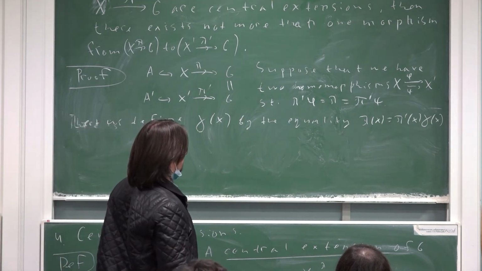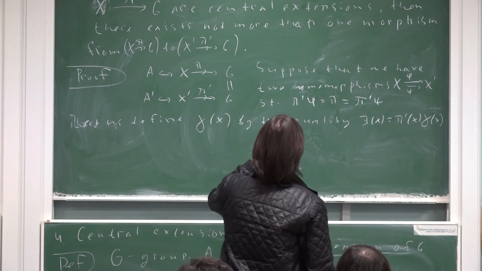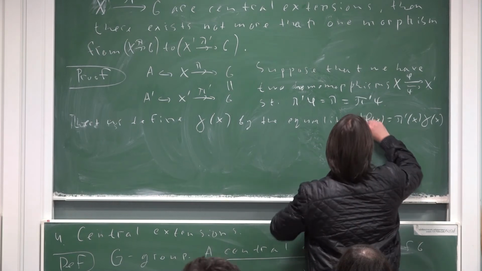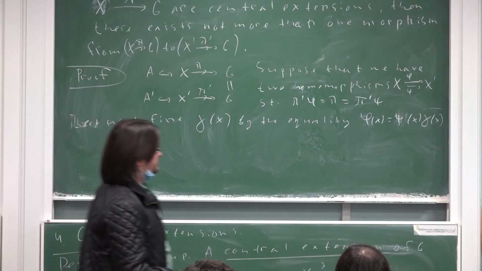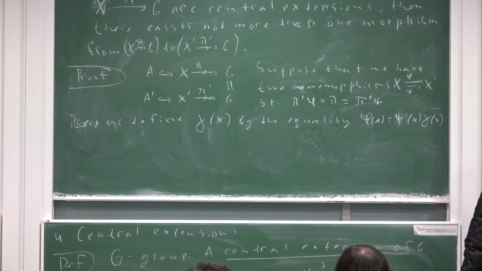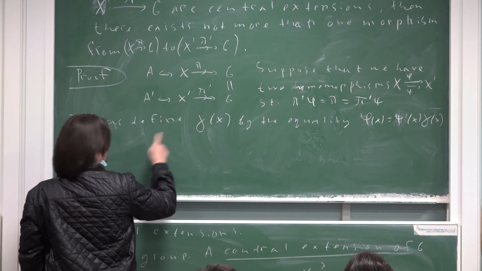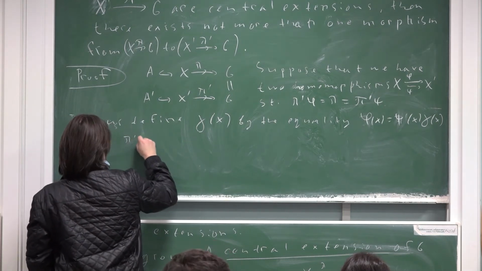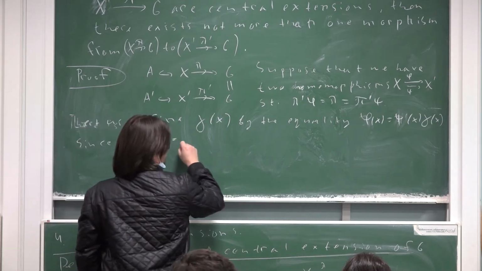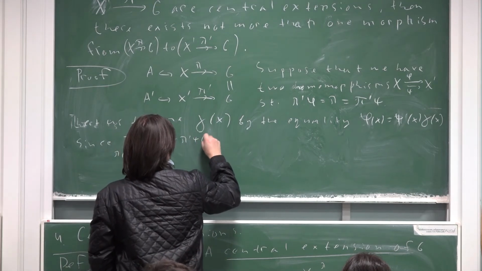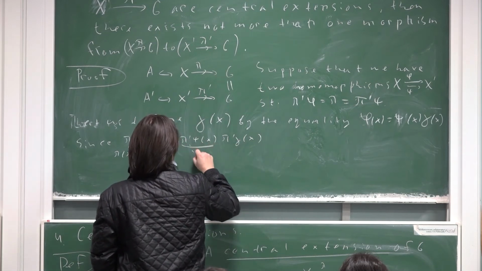But after application of pi prime we get phi of X, which is pi of X, is equal to pi prime psi of X, pi prime gamma of X, and this again pi of X.